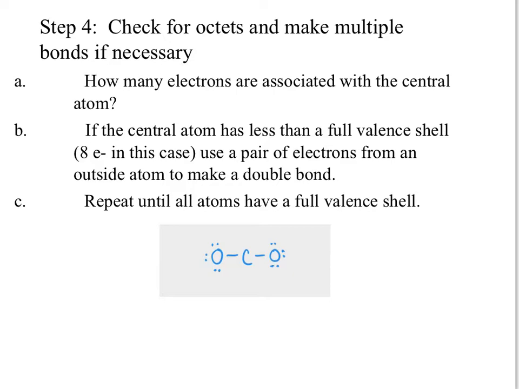So if I'm counting electrons around just this oxygen, I have 2, 4, 6. This bond is 2, so that's 8. 2, 4, 6, 8 around that oxygen. Then if I look at this oxygen, I have the same thing, 2, 4, 6, 8. But if I look at this carbon, I only have 2, 4.